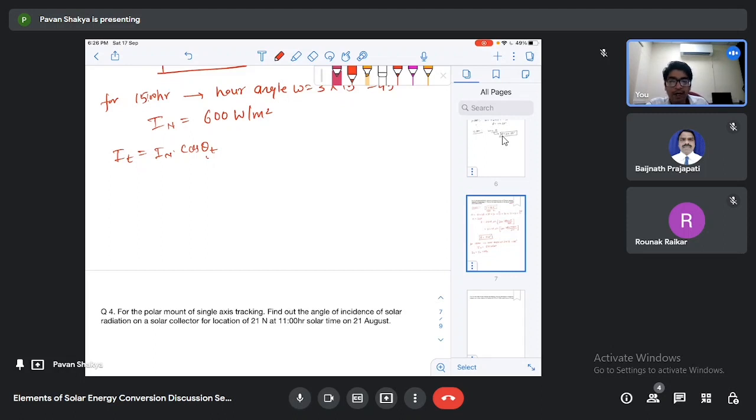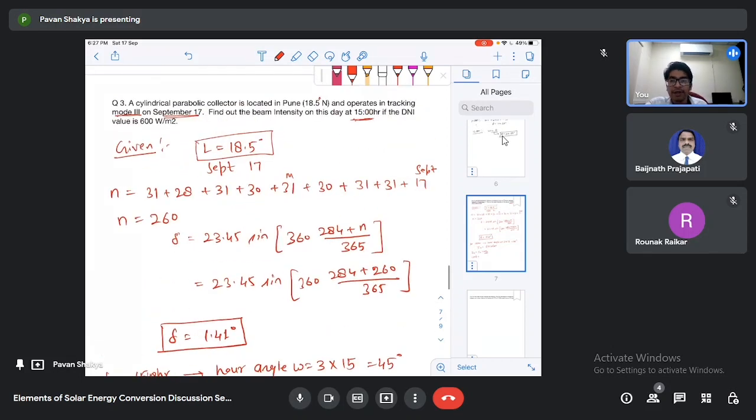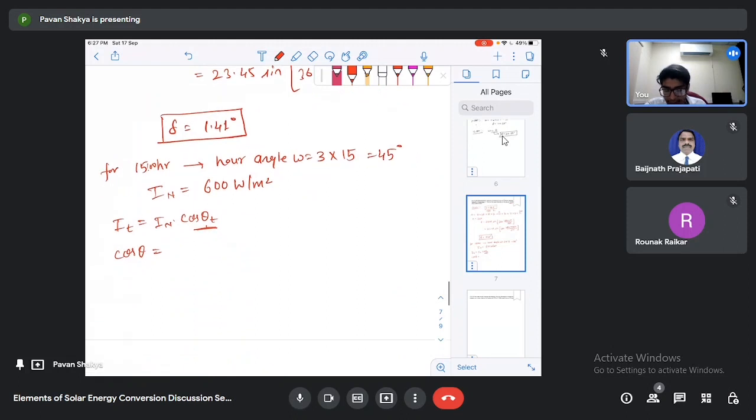Thus, we have to calculate this angle of incidence, that is cos theta t. For this, we know the formula for tracking mode 3. I am writing the formula for this mode directly. You can find the derivation for this formula in the lectures.